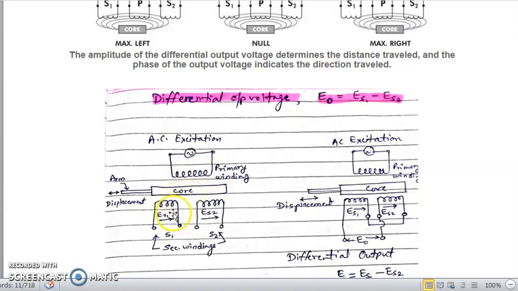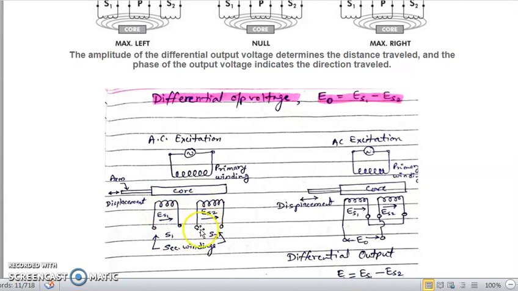Since these two secondary windings are also wound on the same core, there will be electromagnetic induction in these two windings.